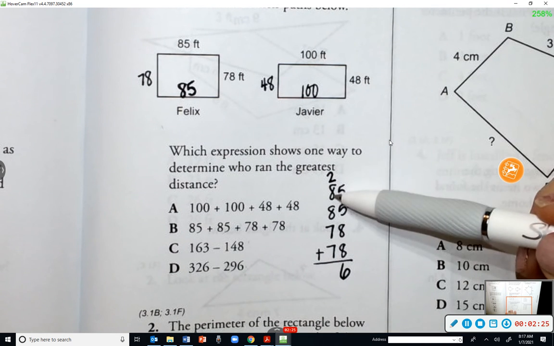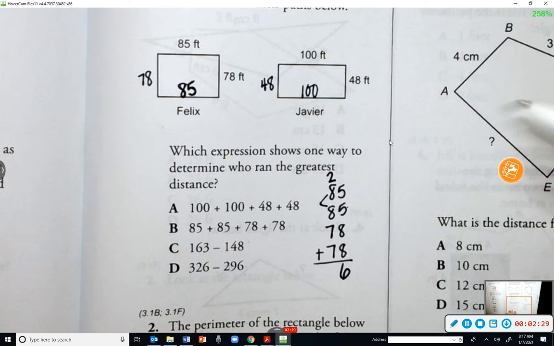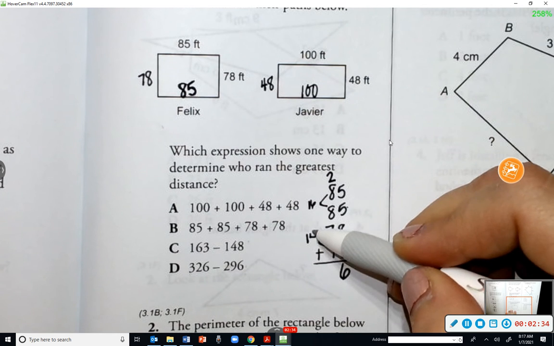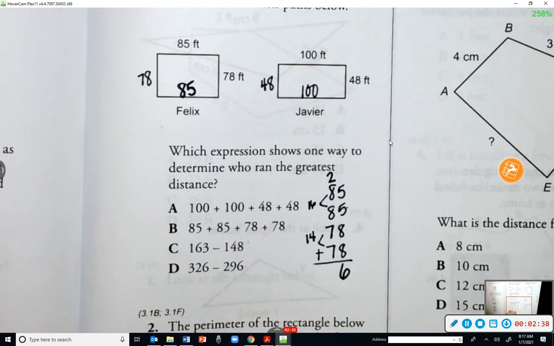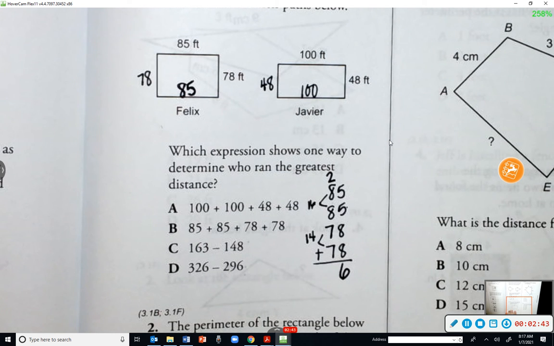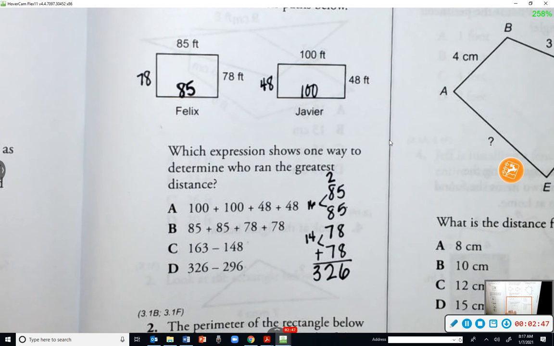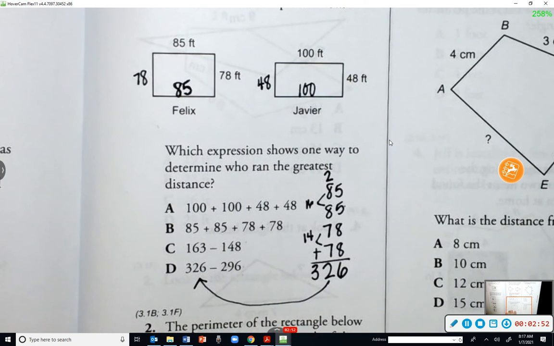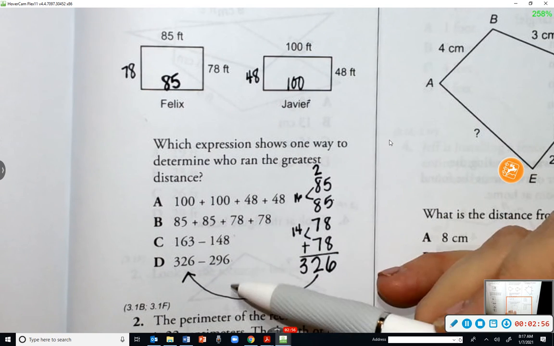And there's doubles again, so I'm going to do the doubles first. 8 plus 8, 16. 7 plus 7, 14. 16 plus 14, 30. Good. 30 plus 2, 32. Okay, so I already see that number, but we still need to check and make sure Javier should equal 296.